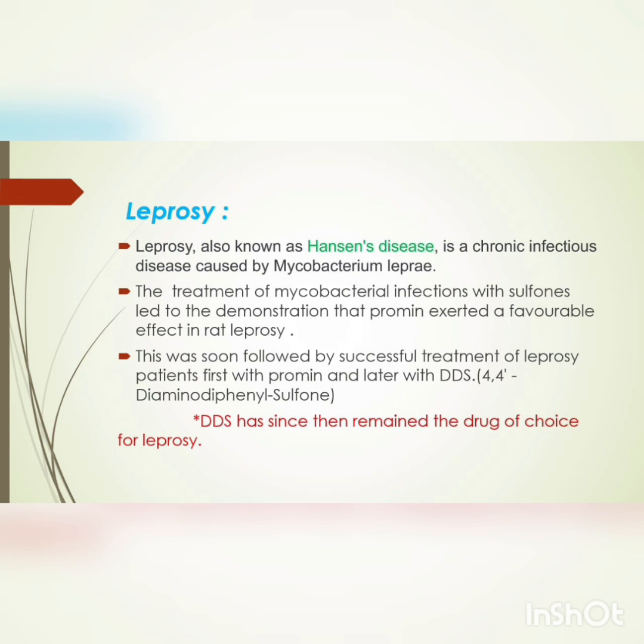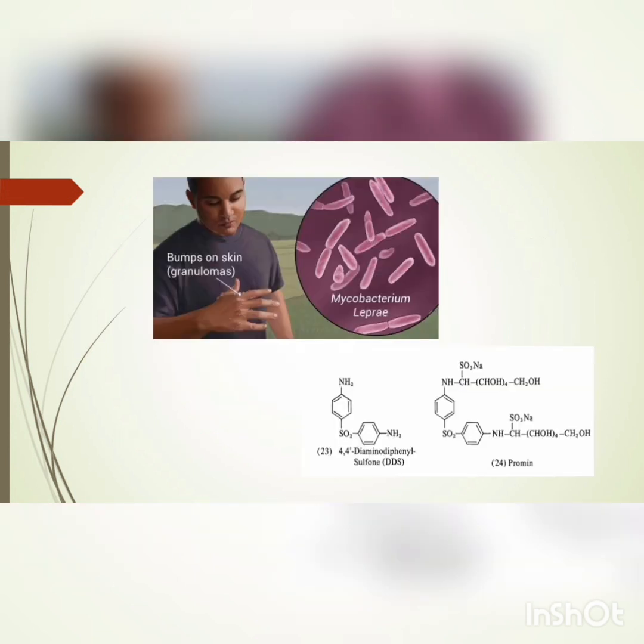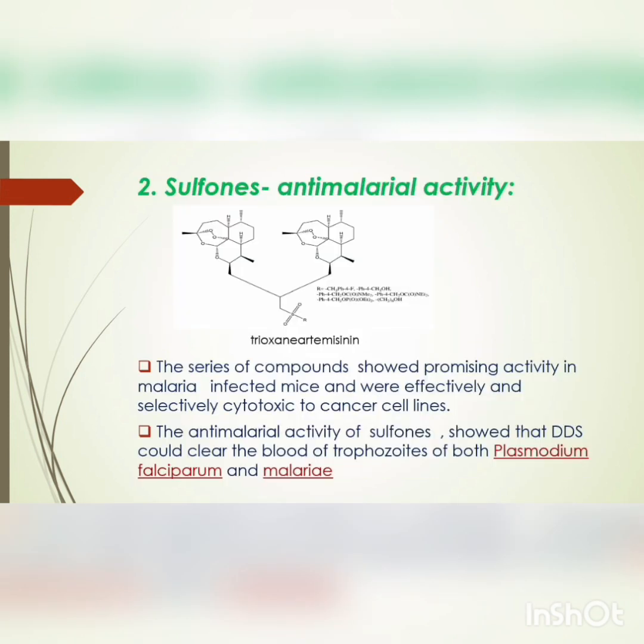This was soon followed by successful treatment of leprosy patients, first with bromine and later with DDS, म्हणजे diaminodiphenyl sulfone. Then त्याचं स्ट्रक्चर पाहूया. Then structure, 4,4-diaminodiphenyl sulfone.